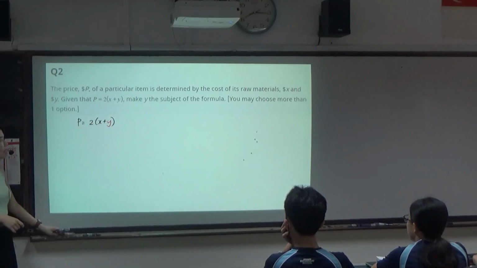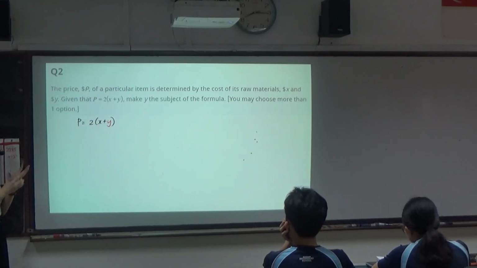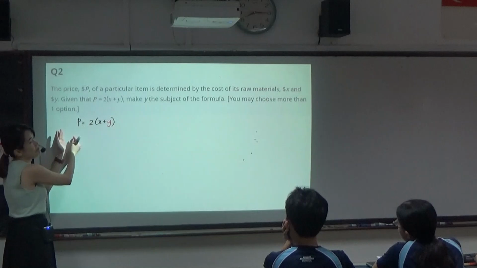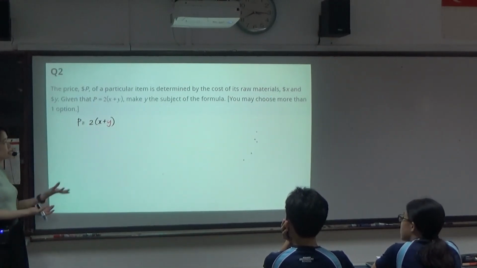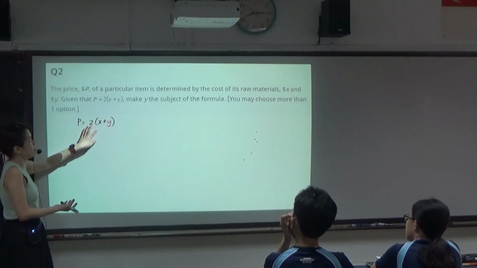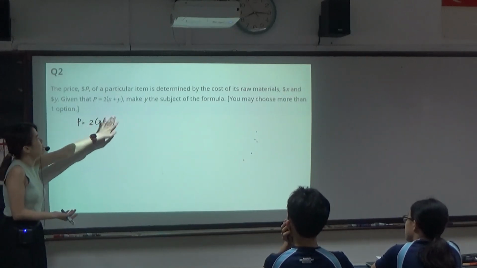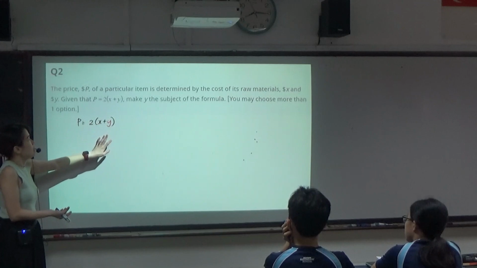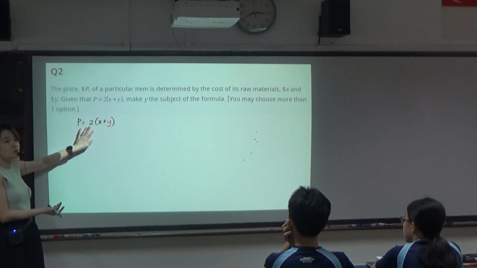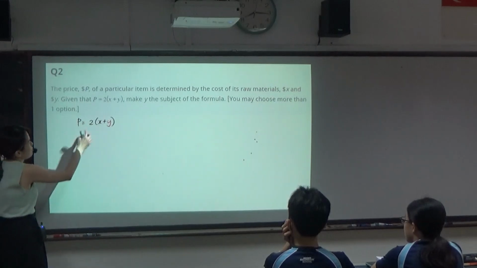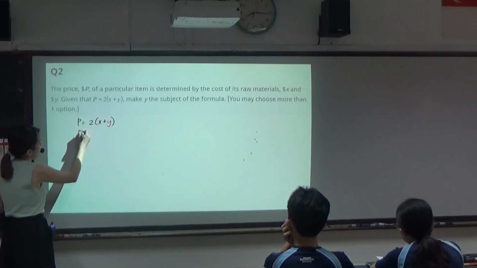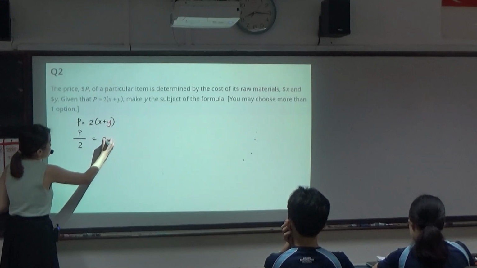So the Y is actually over here, and that shall be our focus. We want our Y to be the subject, that means it stands alone, it should be at the start of my formula. Okay? So to make sure that it stands alone first, I need to so-called get rid of the things that are further away, okay, within that same side of the equal sign. Right? The thing that's furthest away is 2. Okay? So to get rid of 2, because this is 2 times X plus Y, I will first divide away the 2.